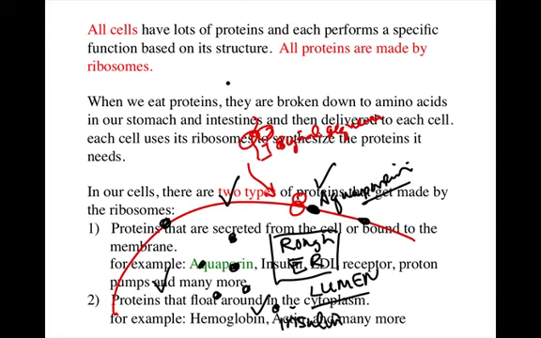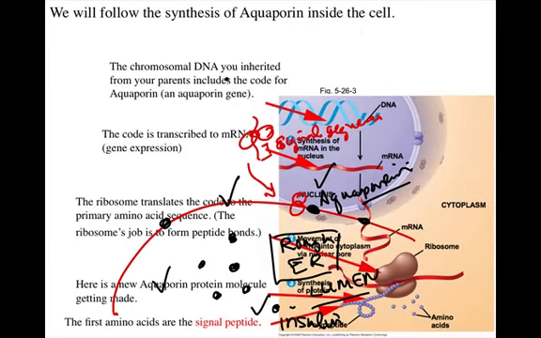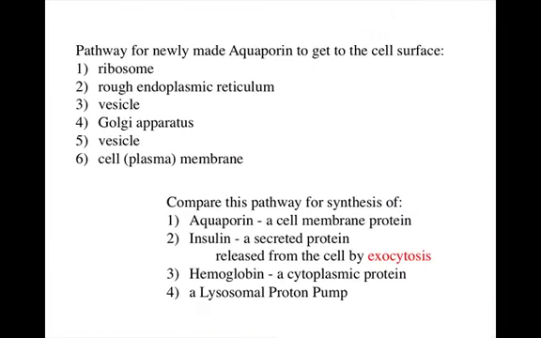All right, so the next thing is to say that here's the pathway for this newly made aquaporin to get to the cell surface. Initially the protein begins to be synthesized by a ribosome just floating in the cytoplasm.